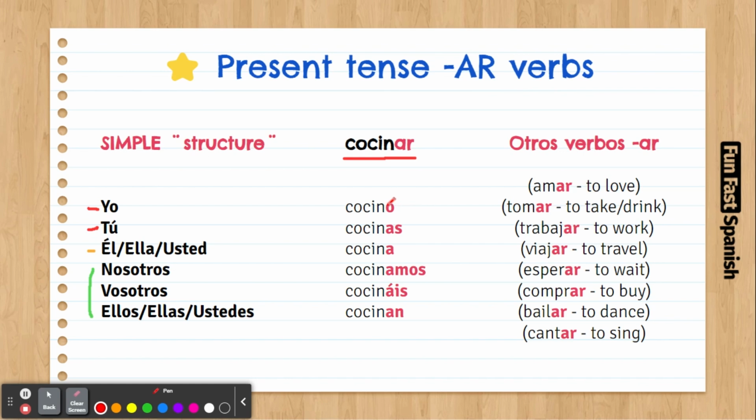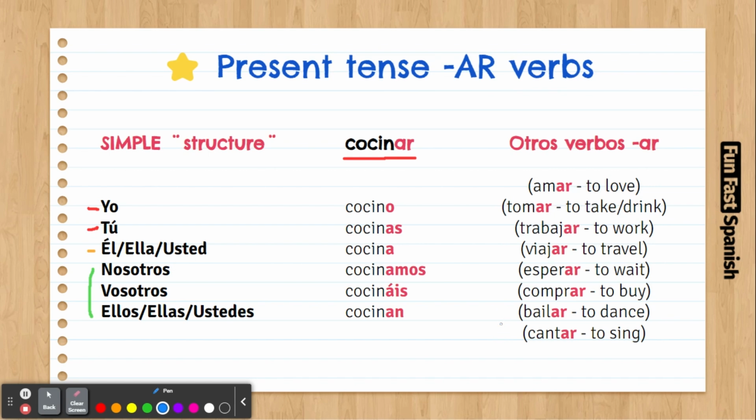And now we're going to have the conjugations, which are these ones here, these endings, as you can see them: o, as, a, amos, áis, an. We're going to have a set of verbs we're going to work with. These ones here for now: amar, to love; tomar, to take or to drink; trabajar, to work, and so on.